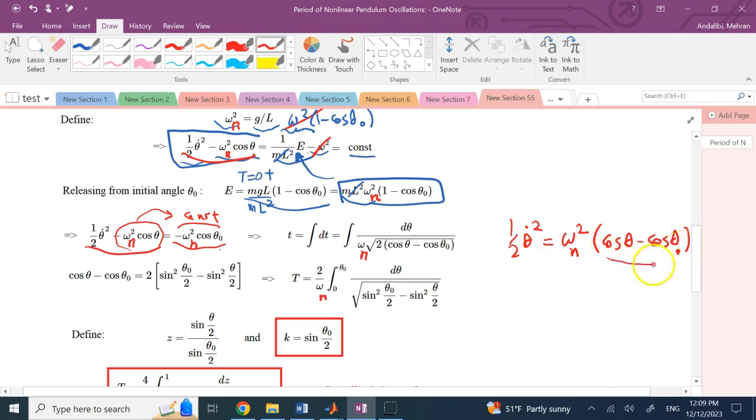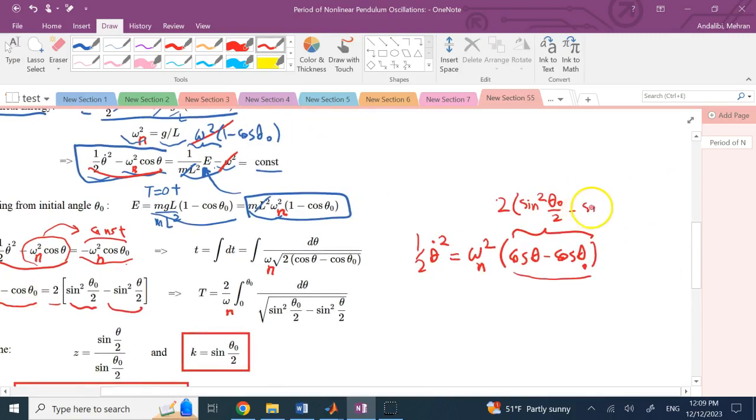Then for the term in the parentheses, you use trigonometry identities: the cosine of theta minus cosine of theta naught equals 2 times sine squared of theta naught over 2 minus sine squared of theta over 2. And you plug it in here, so this becomes 2 times sine squared of theta naught over 2 minus sine squared of theta over 2.